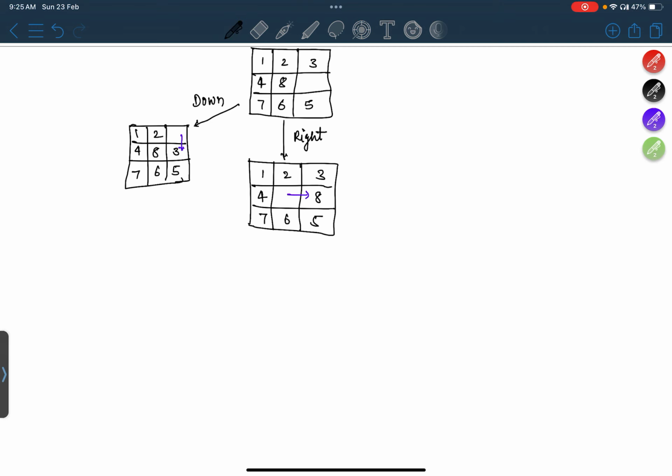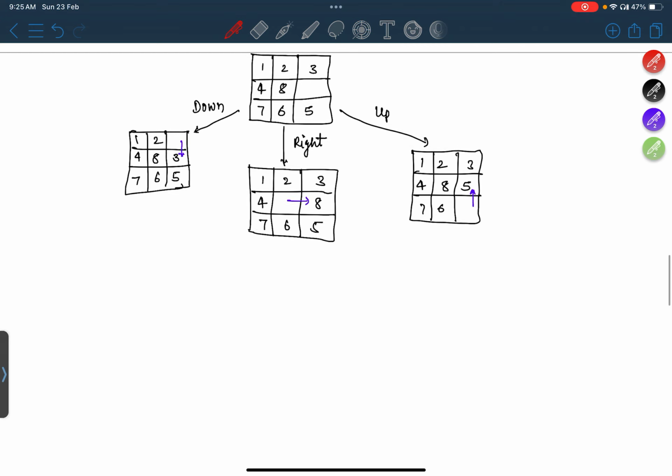The third successor is up: 1, 2, 3, 4, 8, 5, 4, 6. Here, this moved here, right? So let's calculate the heuristic values for these.